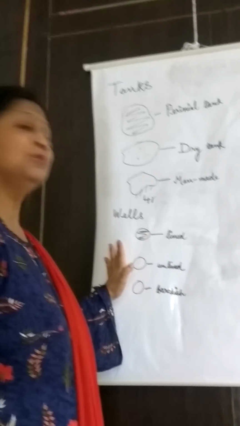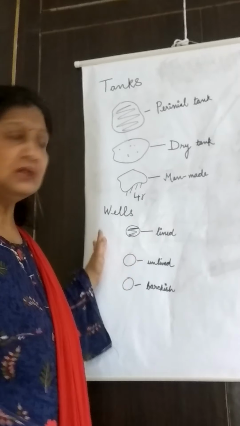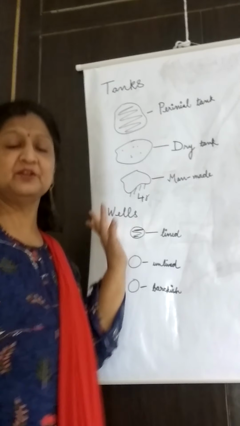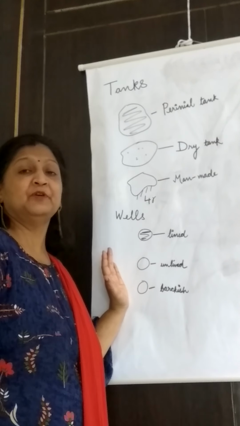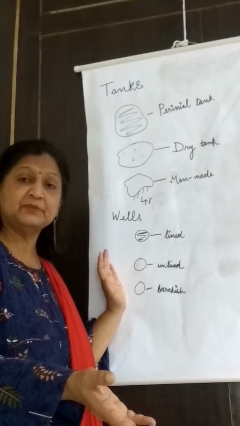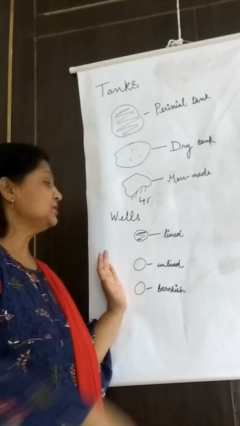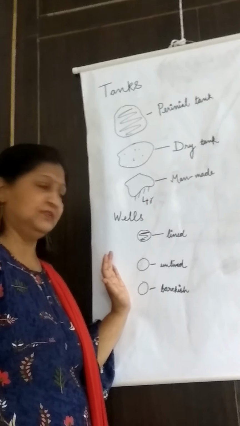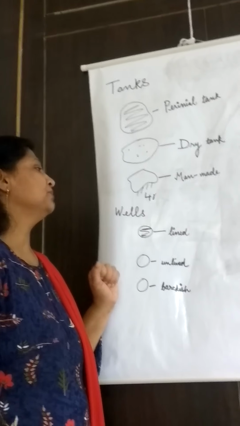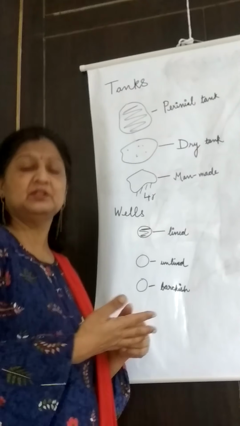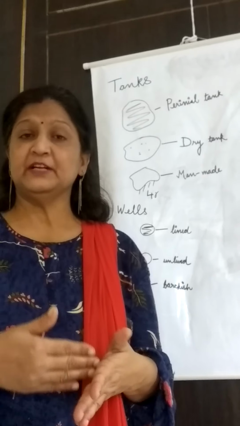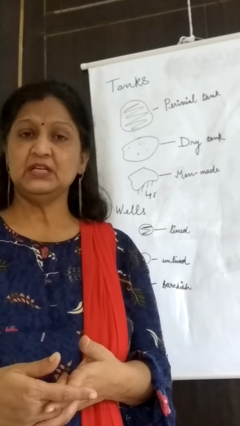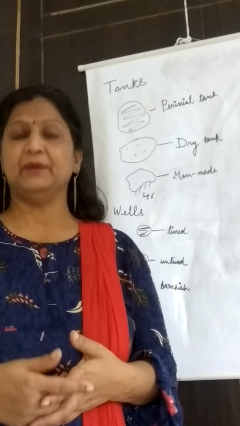The well is the most important source of water because tanks are generally dry in your syllabus. The well becomes the main source of water either for irrigation or for domestic use. The well becomes a very important feature. So these are the two important ones. Try to search for these features in your book. You will find them easily, and if you find this feature in the book, in the topo sheet, you will also understand better.